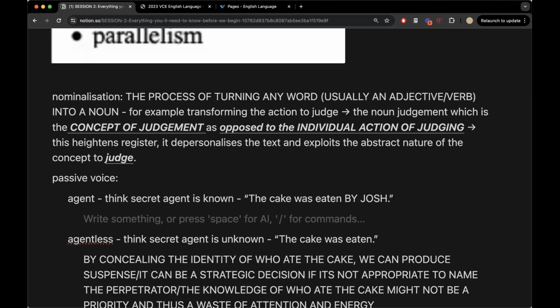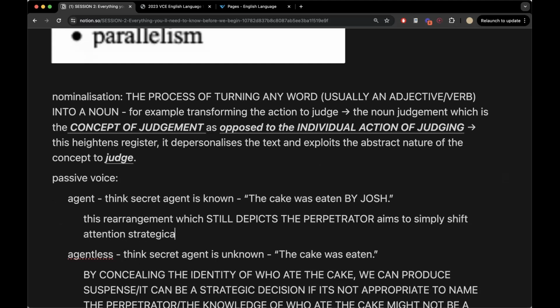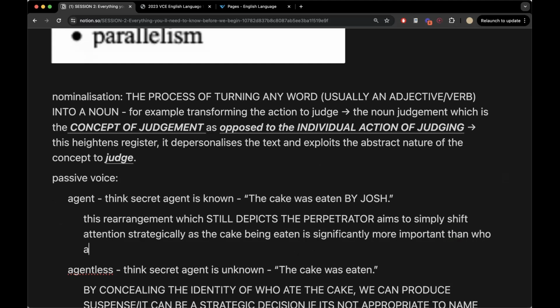Now, agent: this rearrangement, which still depicts the perpetrator, aims to simply shift attention strategically, as the cake being eaten is significantly more important than who ate it. Or you may attempt to build suspense this way, right?